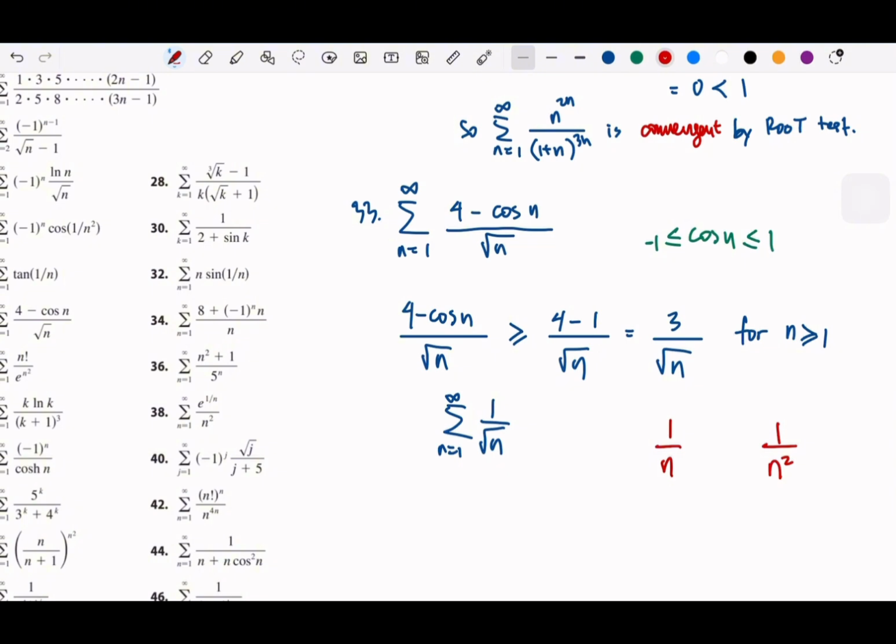Which one is converged? N squared. Okay. So if P is greater than 1, it must be converged. If 1 or less than 1, diverged. Is this diverged? Okay.